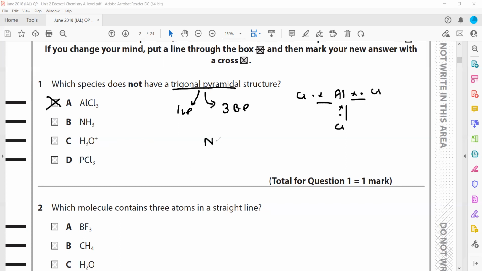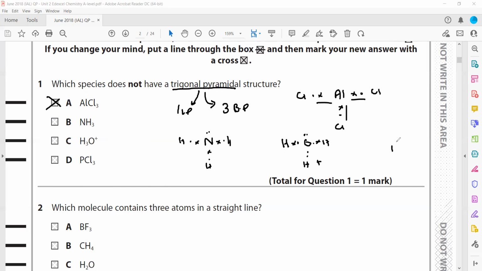NH3: when we draw NH3, nitrogen shares 3 electrons with hydrogen, and there is 1 lone pair on nitrogen, so 3 bond pairs and 1 lone pair, it will be trigonal pyramidal. Same thing, H3O+. It has 3 bond pairs and 1 lone pair, so that will be trigonal pyramidal.